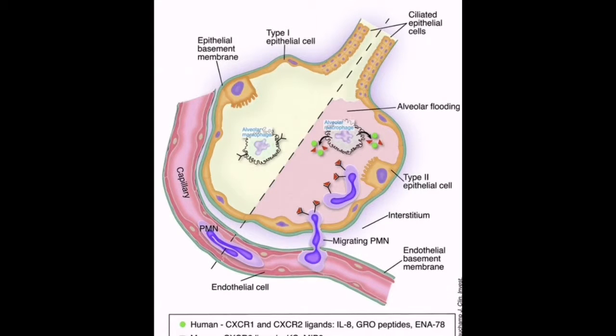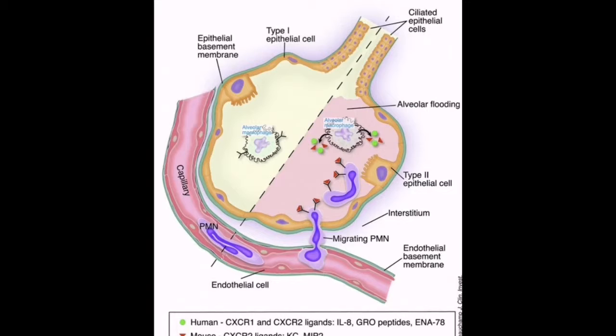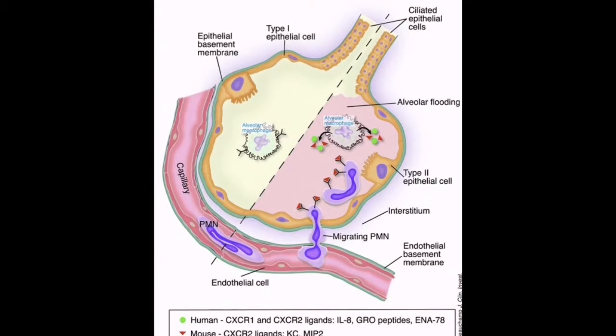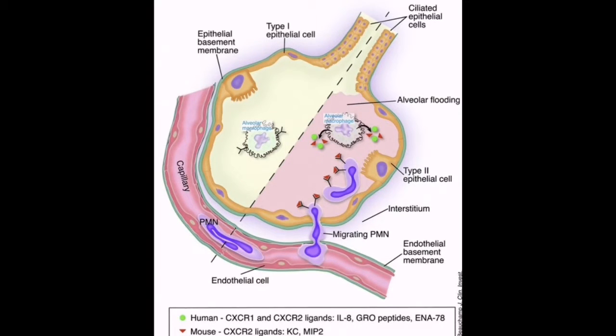Although these cells make up only 5% of the surface area, they represent approximately 60% of the epithelial cells in the alveoli. Type 2 cells are important in alveolar repair as well as other cellular physiology.